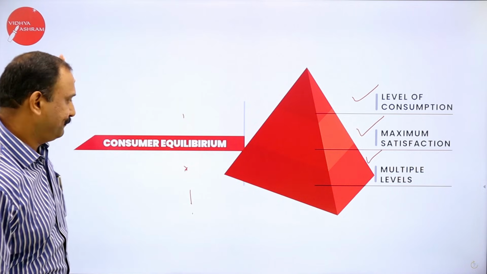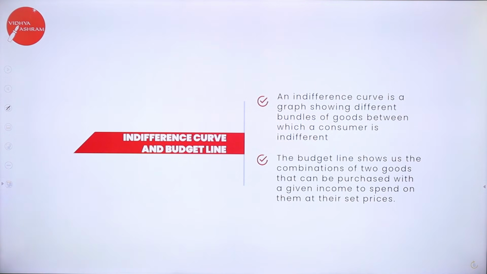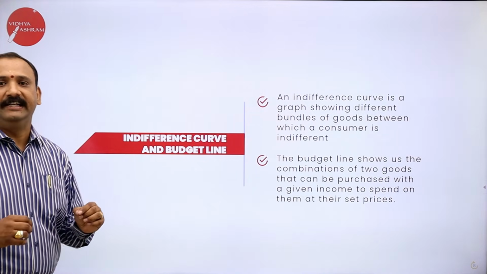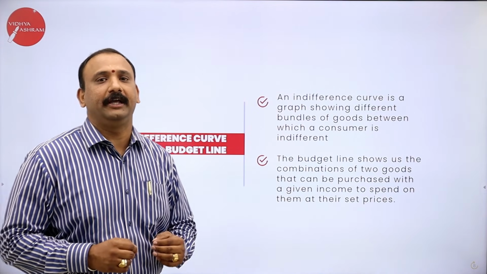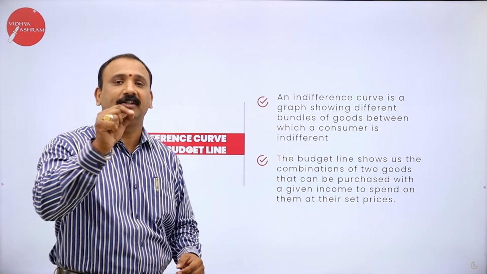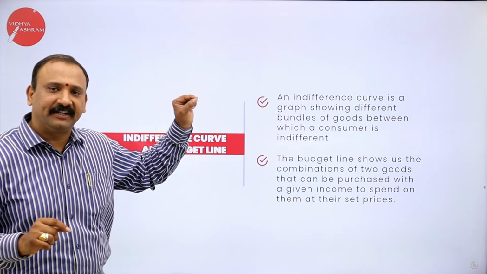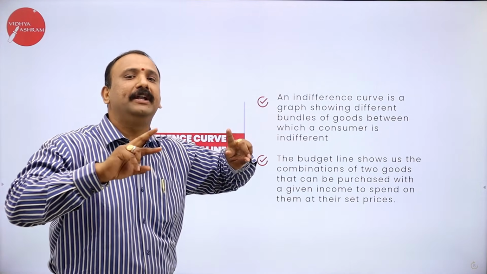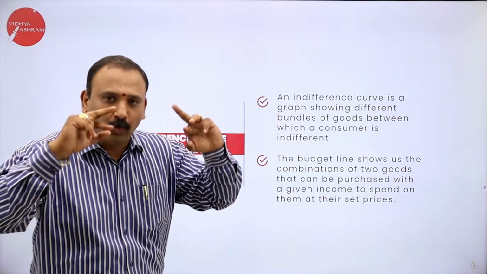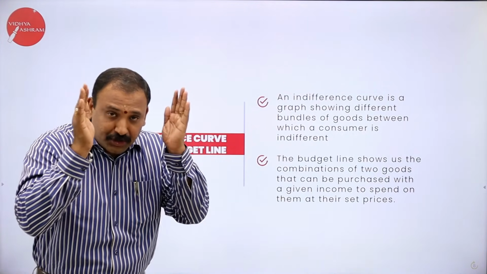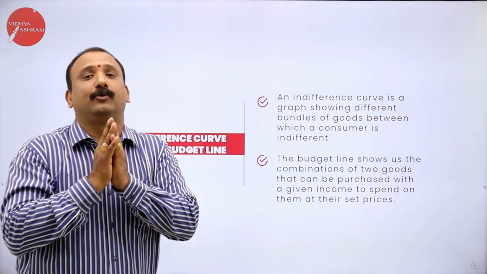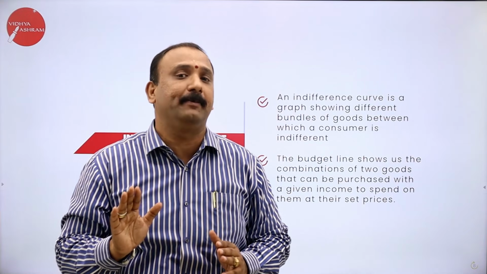And then at a particular point, you attain the consumer equilibrium. Now, moving forward, coming on to the slide called Indifference Curve, it is very, very important for us to understand what this indifference curve is. An indifference curve is nothing but a graph that shows the combination of 2 bundles or 2 different products that the consumer needs or wants at any given point of time. Why?